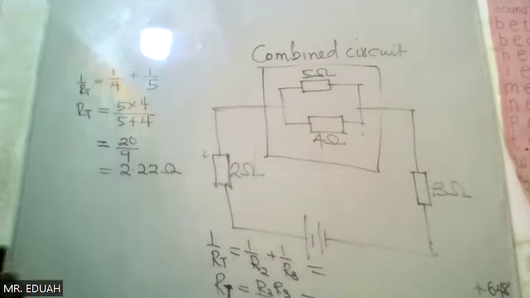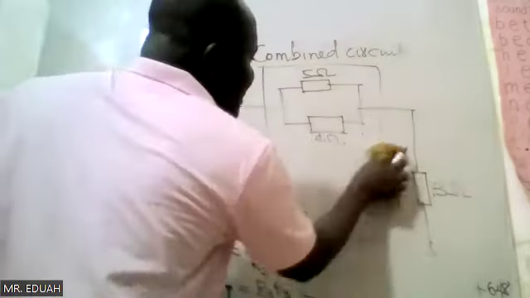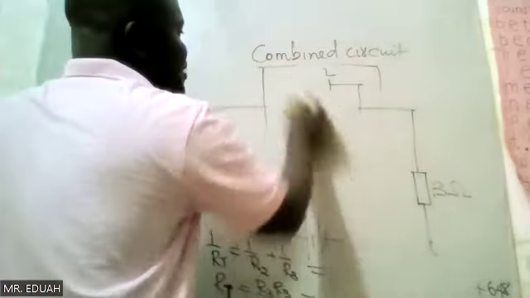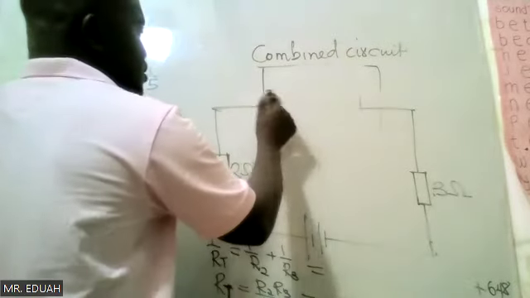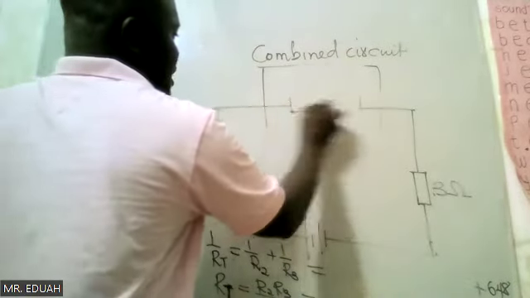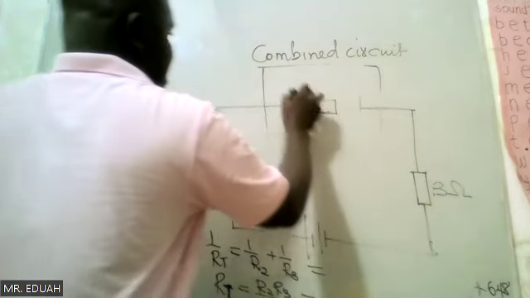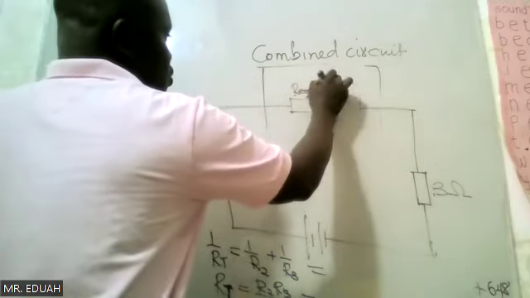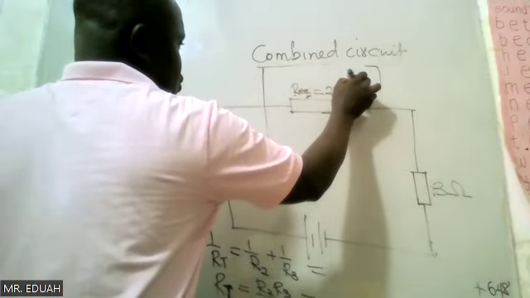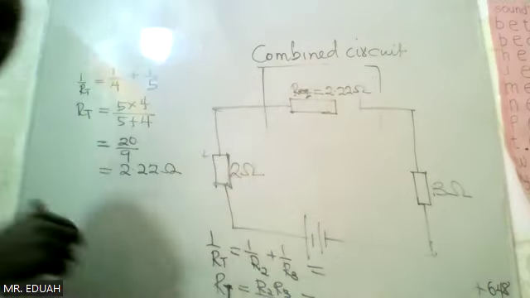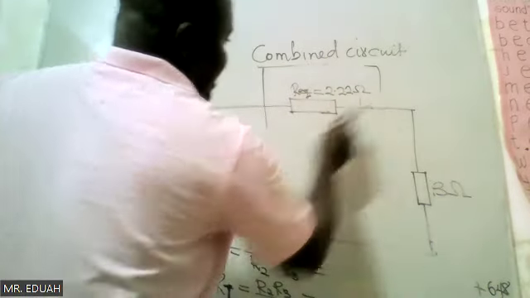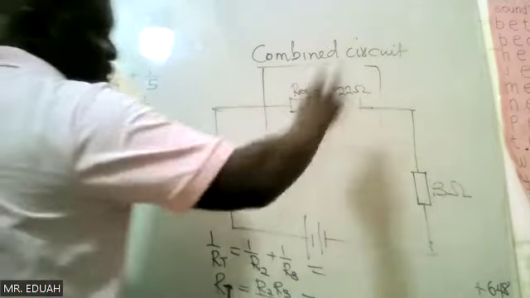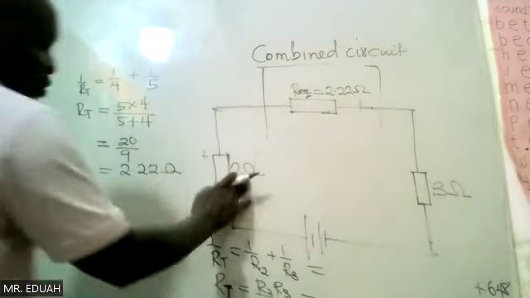So that single resistance, which is equivalent to the two, is what I've found. R equivalent is equal to 2.222 ohm. Meaning that this single one is in series with this, and then this one.